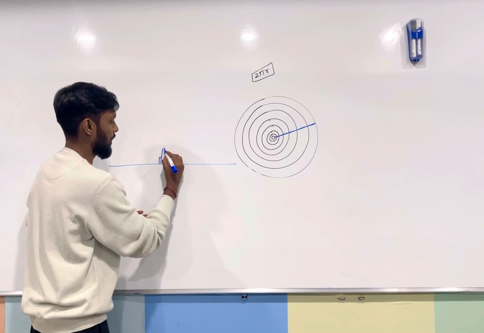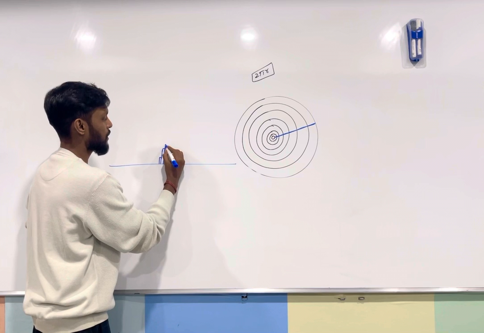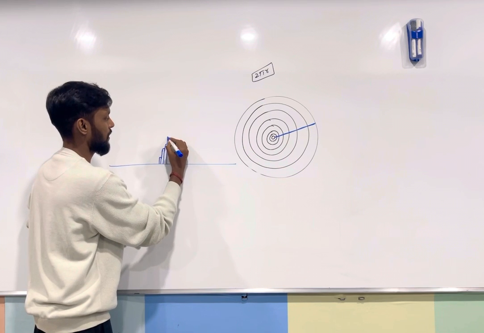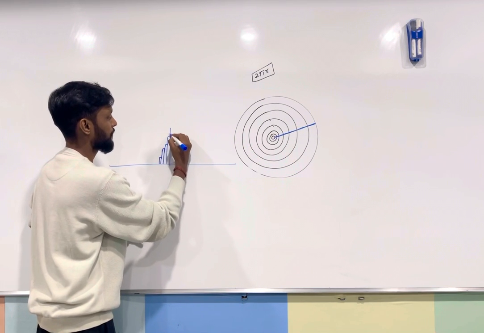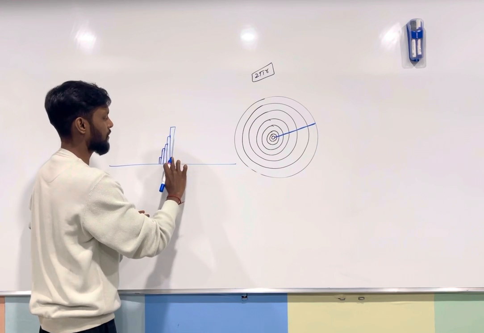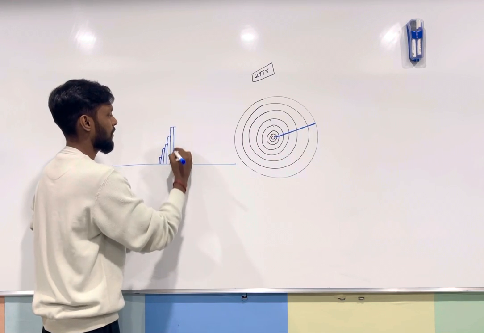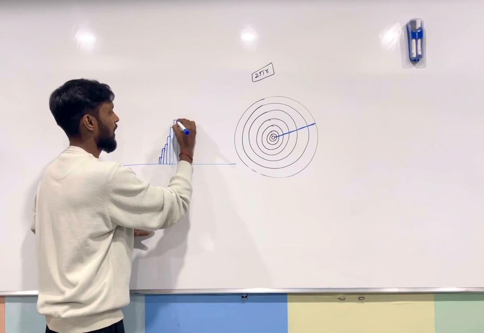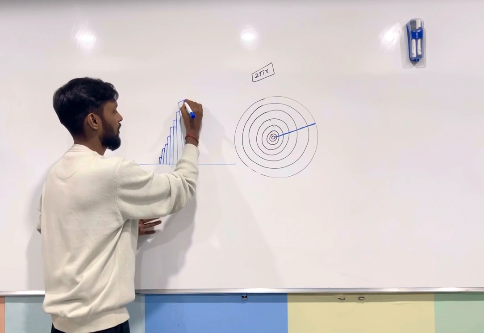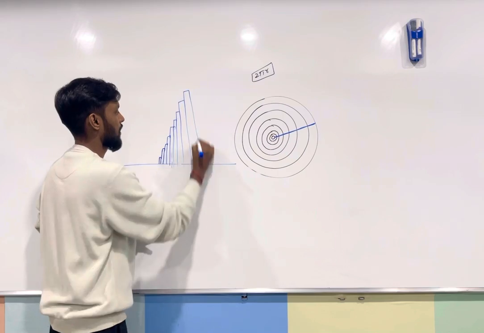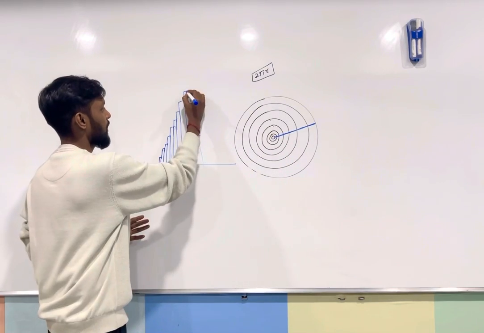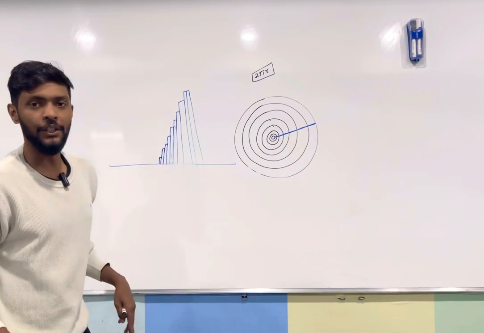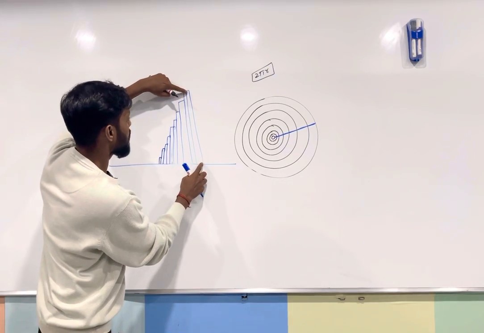So that will look something like that. Now the next one, then we keep going like that. It won't be that thick, but you got the idea. Something like that.